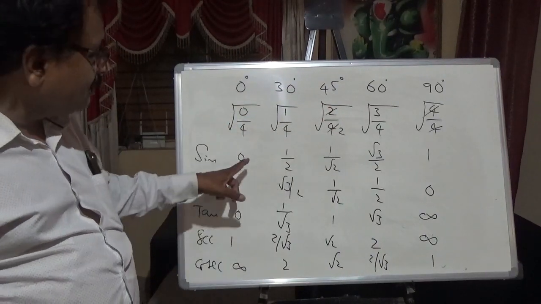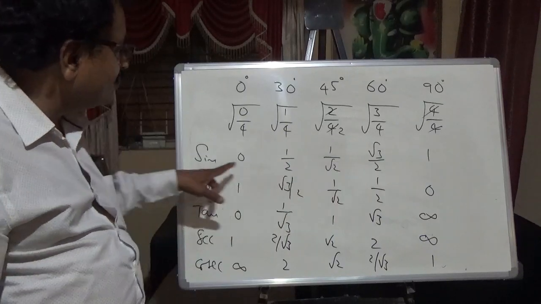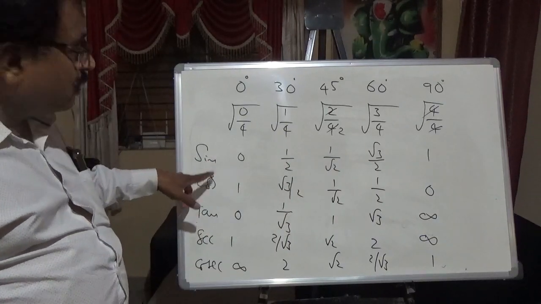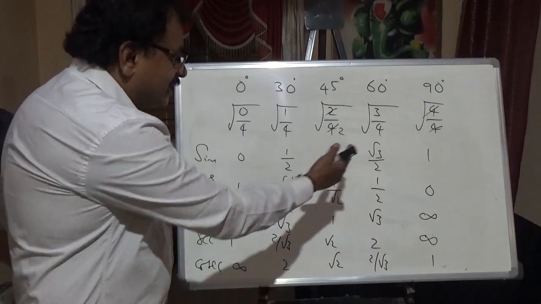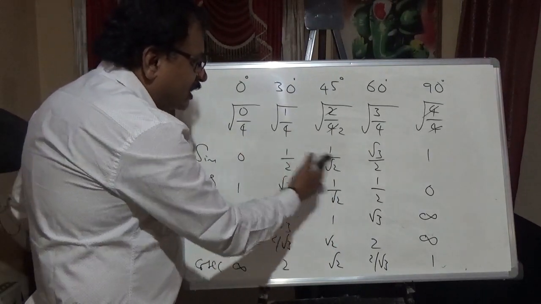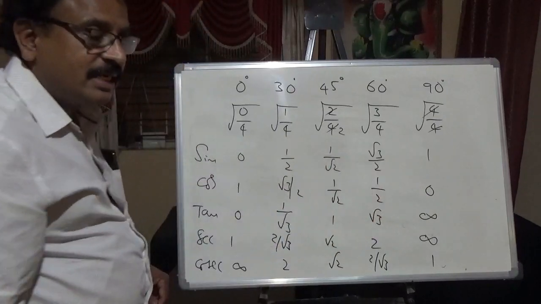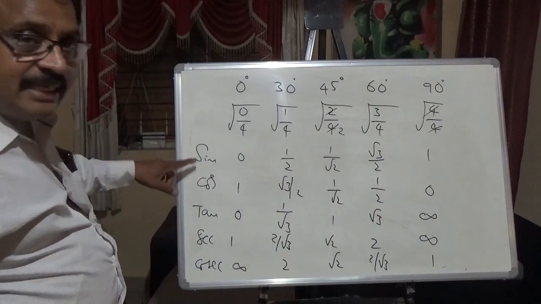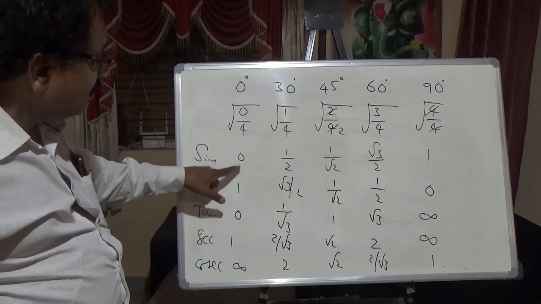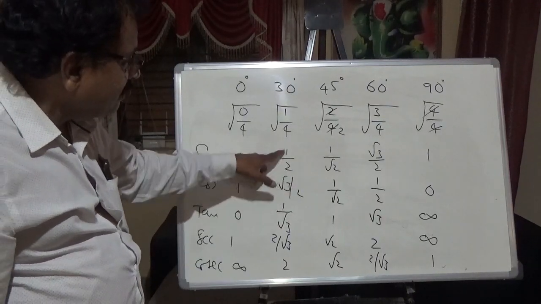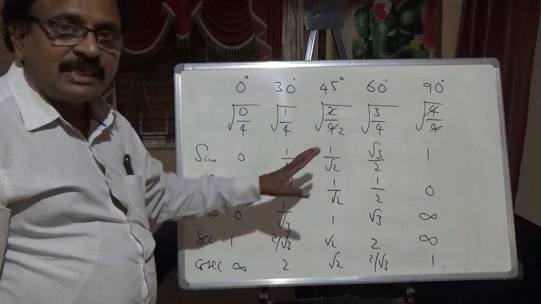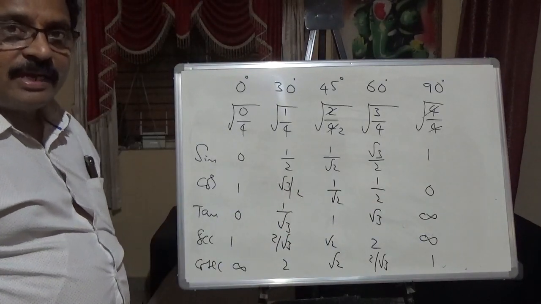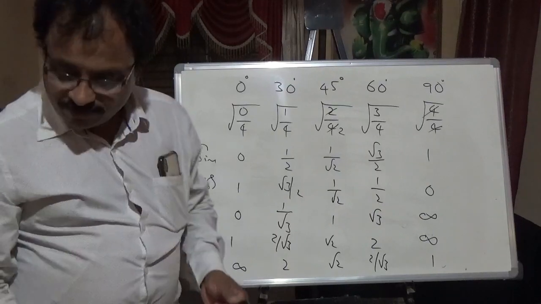Whatever values you get are the values of sine. For cos, take the reciprocal order: 1 comes this side, root 3 by 2, 1 by root 2, 1 by 2, and 0. Tan theta is sine theta by cos theta: 0 by 1 is 0, 2 cancel, 1 by root 3, 1, root 3, infinite. Understood?